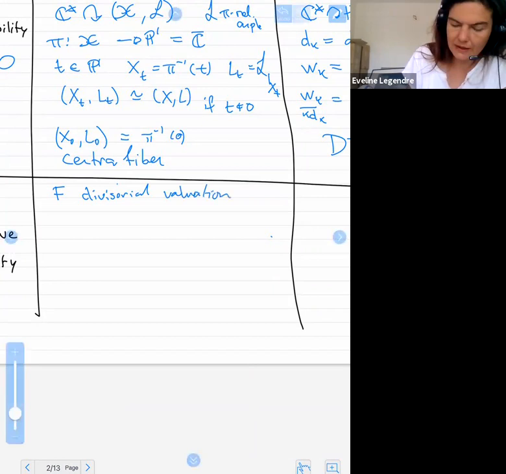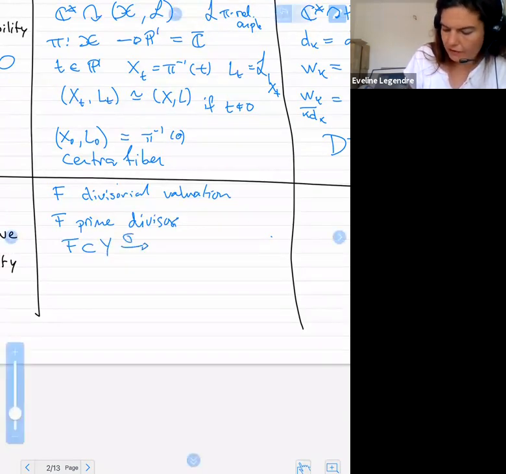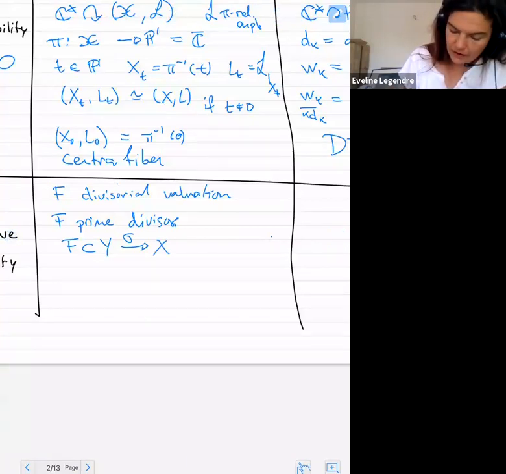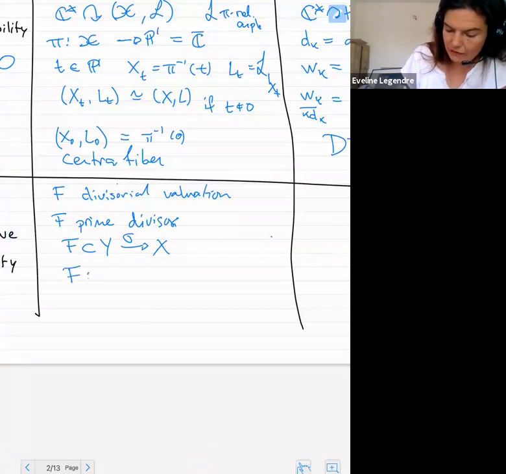You can think about F as a prime divisor that lives in another variety Y, where there's a birational map from Y to X. We will ask a condition on that divisorial valuation: we will ask F to be dreamy.